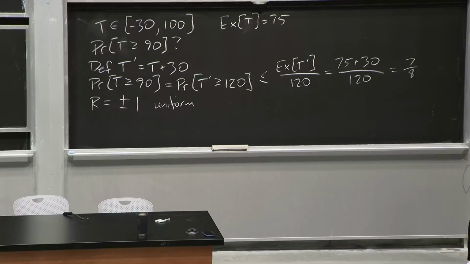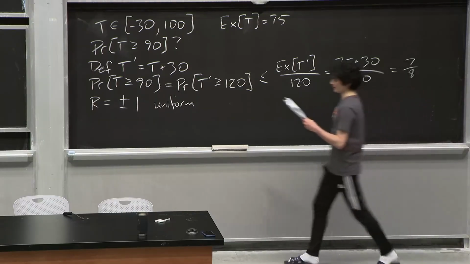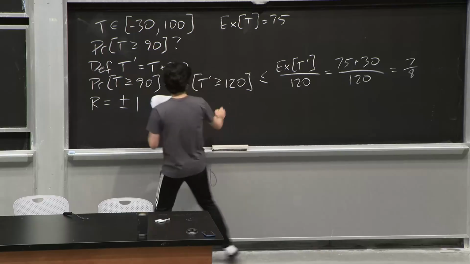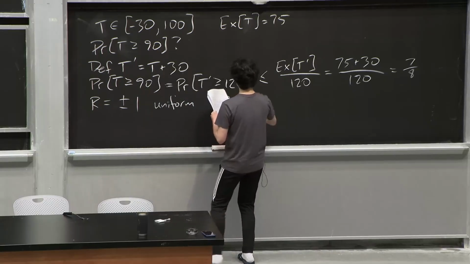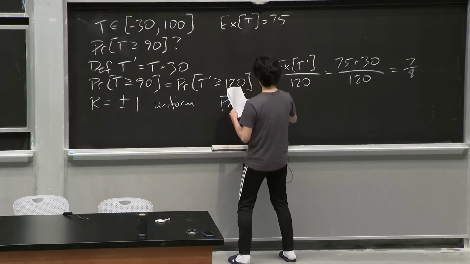If we try to apply Markov to that directly, what does that tell us about the probability that R is greater than 1/2?